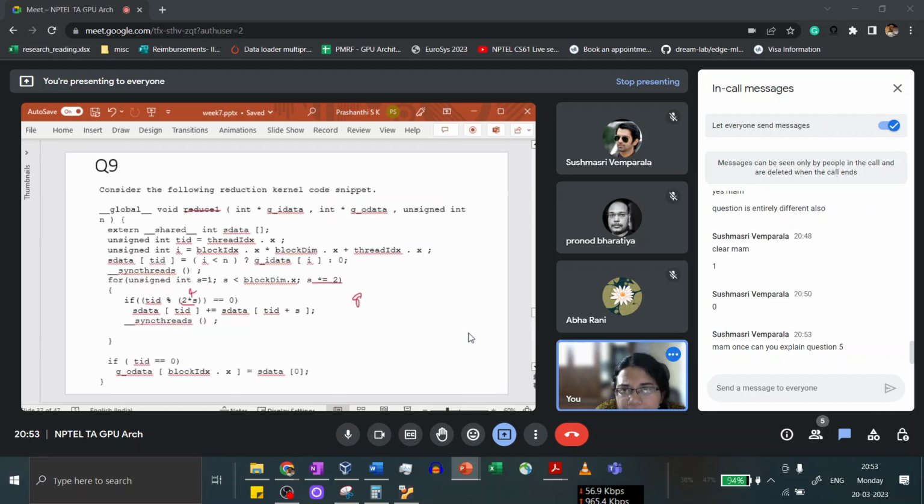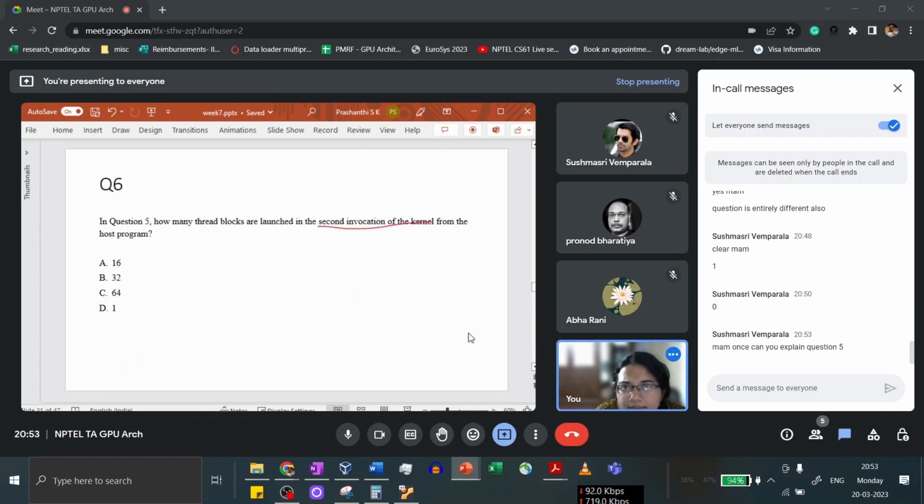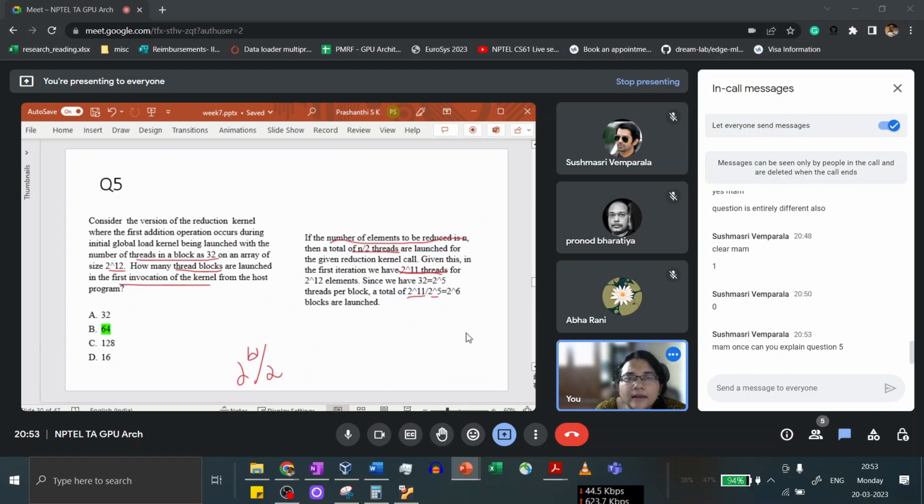Okay, question 5. Sure, let's do that since we have a little time. So this was the reduction kernel where the initial global load happens and the number of threads in a block is 32 on an array of size 2 power 12. How many blocks are launched for the first invocation of the kernel?